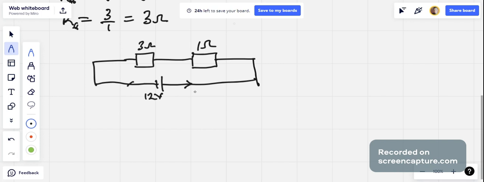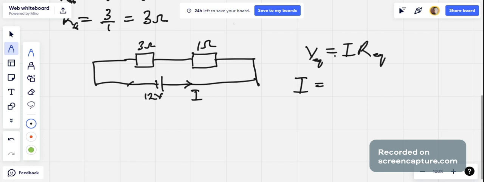To get that current I, from Ohm's law, V equals current times resistance. Our resistance there is the equivalent resistance, and we only have one voltage source.